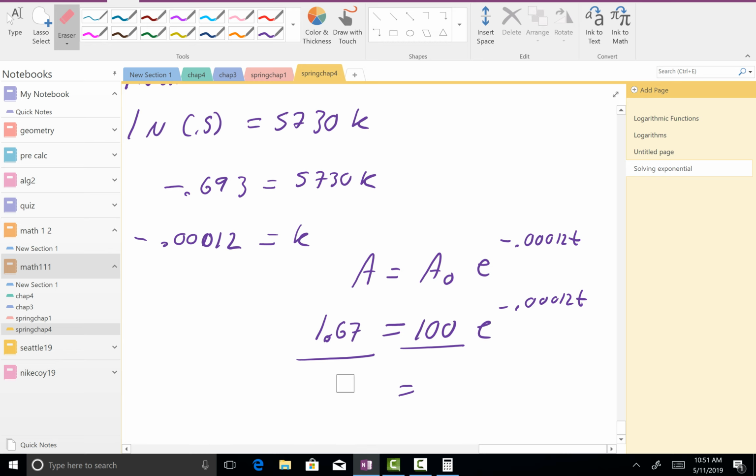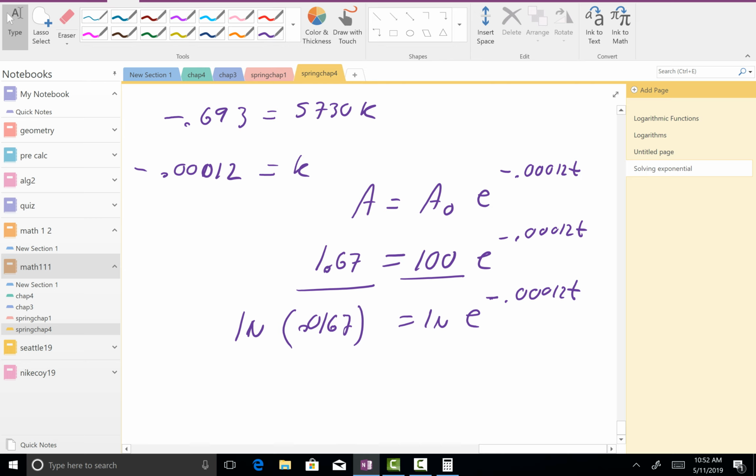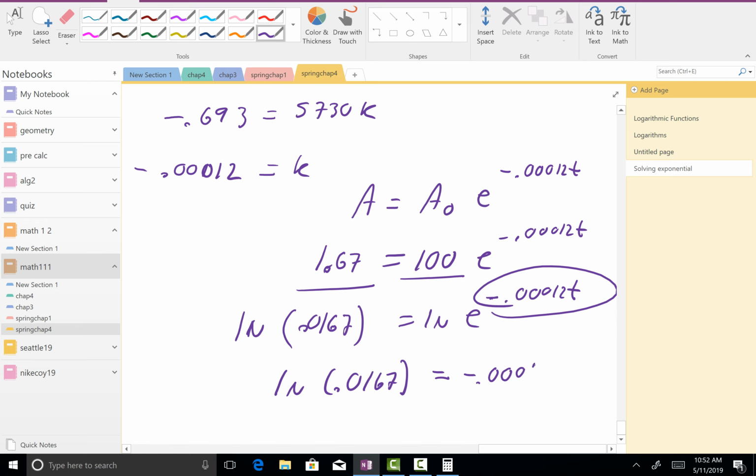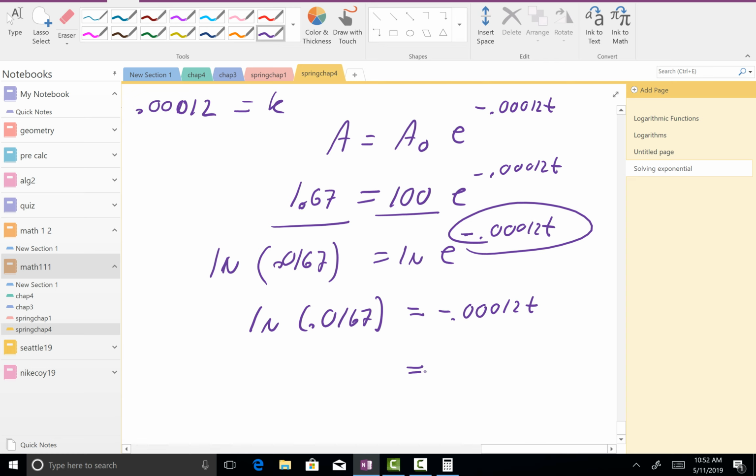0.0167. Take the natural log, take the natural log, t, pop it out in front, this is going to go out in front, the log of e doesn't matter because it's just 1, and then we divide.